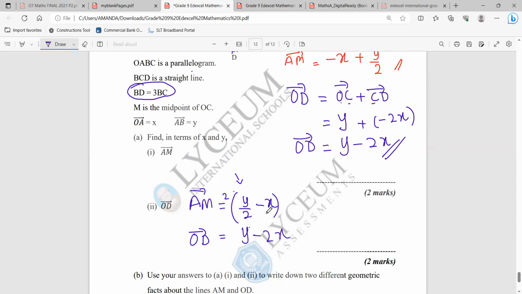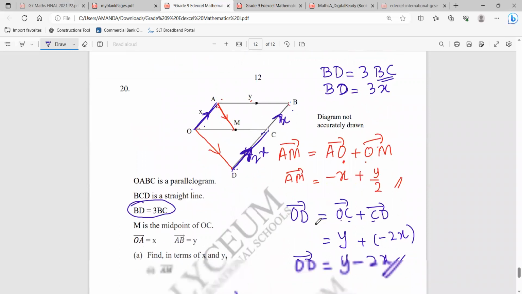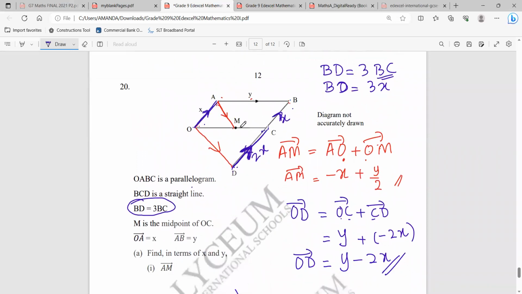It becomes OD. So that means 2 AM is equal to OD.